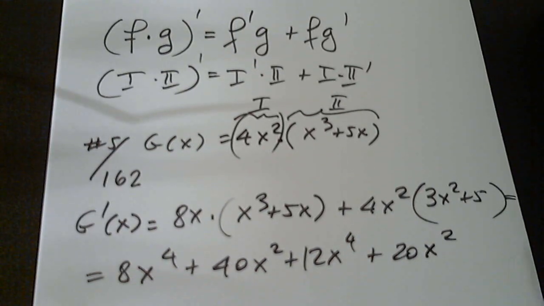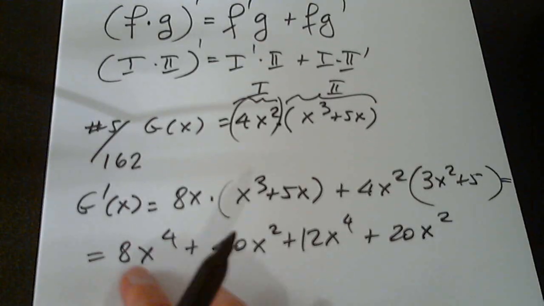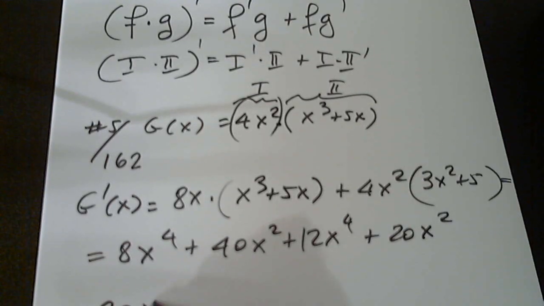And yes, I will rearrange them, combine like terms, and rearrange the function in descending order. So 20x to the fourth plus 60x squared. So these are the steps that we have to follow. Now the floor is open. If you want to choose 12, we can still choose 12.